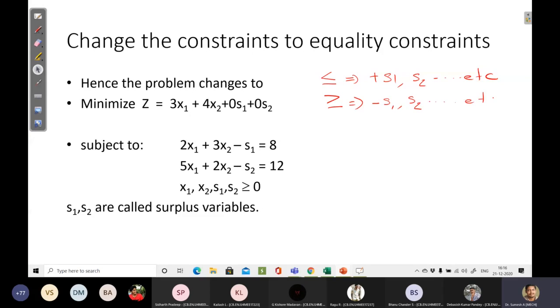Artificial variables will be plus a1, plus a2, etc.